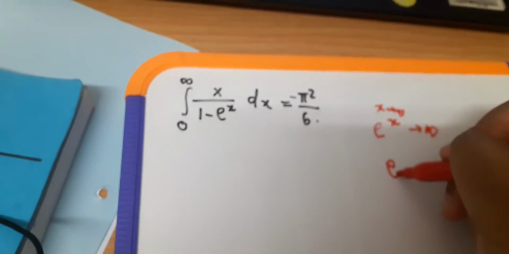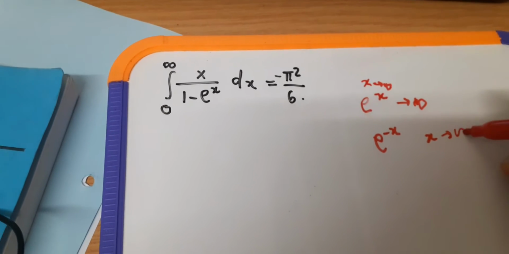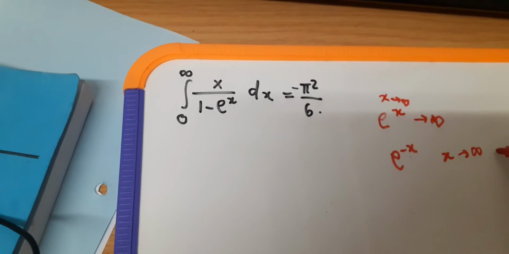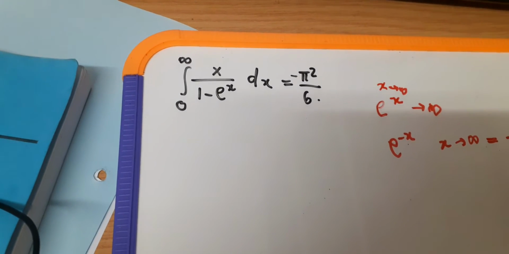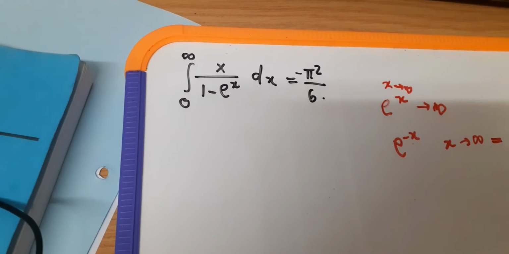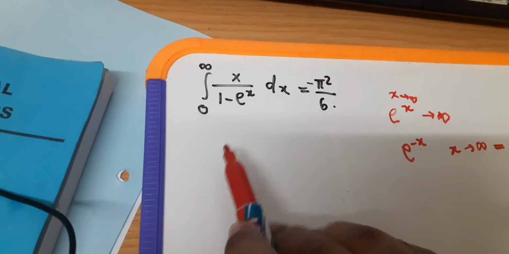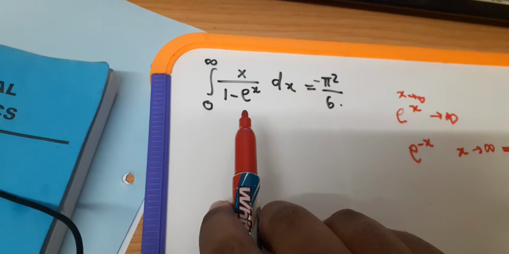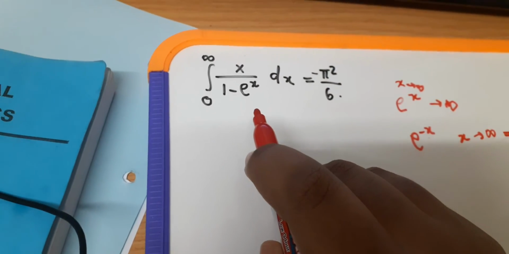But e to the minus x, when x approaches infinity, this is one over e to the x, which approaches 0.